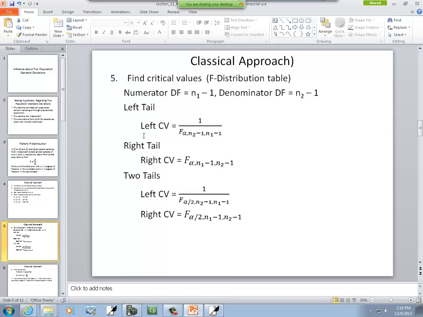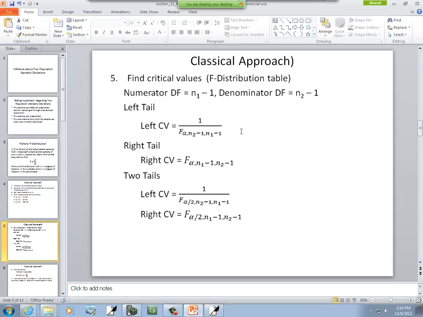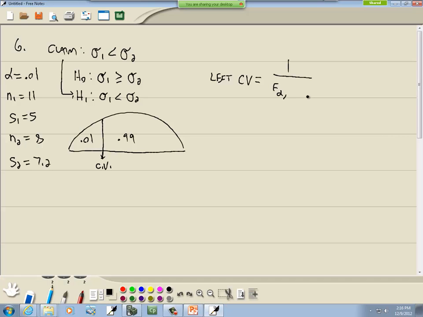And we got a left tail, so I'm looking at this top formula now. It says the left critical value is equal to 1 over F alpha, n2 minus 1 and n1 minus 1.